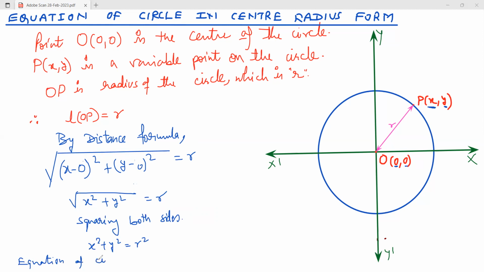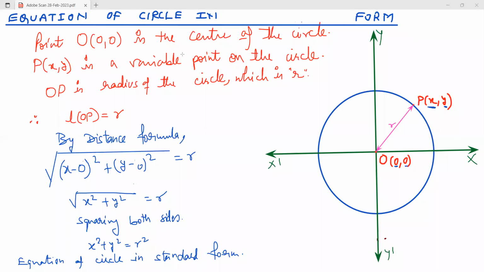Equation of circle in standard form. Why do we call this the standard form? Simple, because the center is at the origin. The center of the circle is at the origin. You can copy this also.